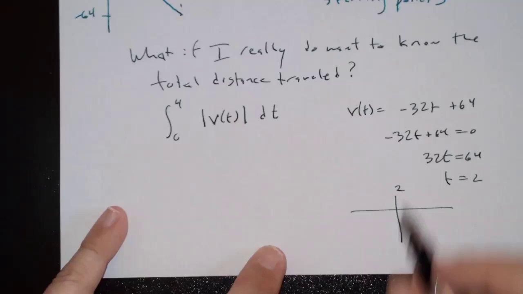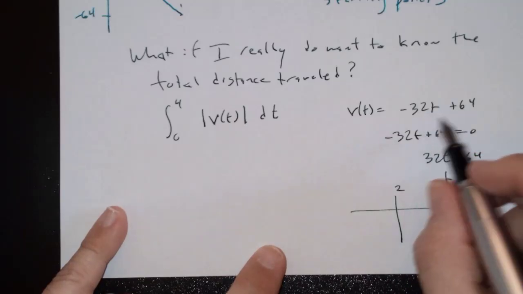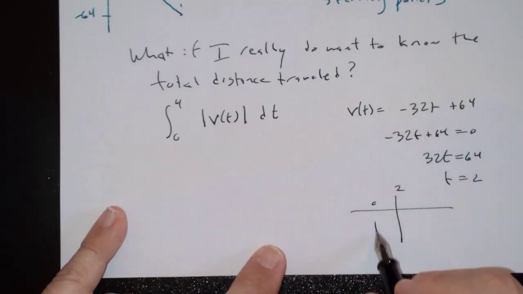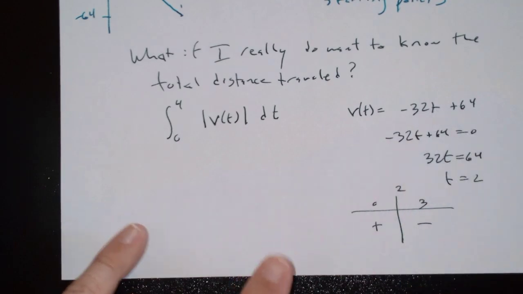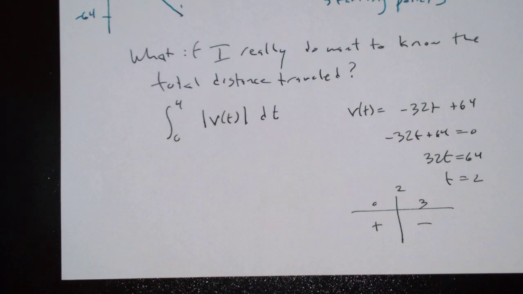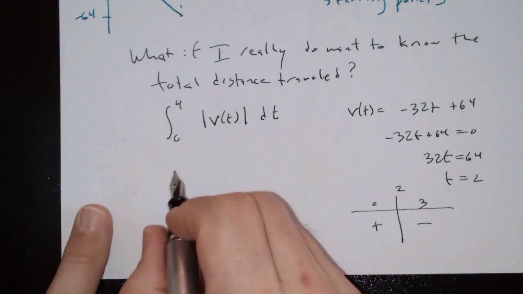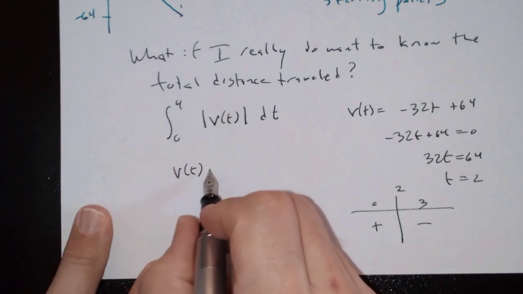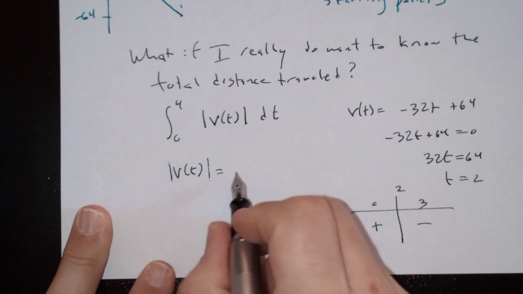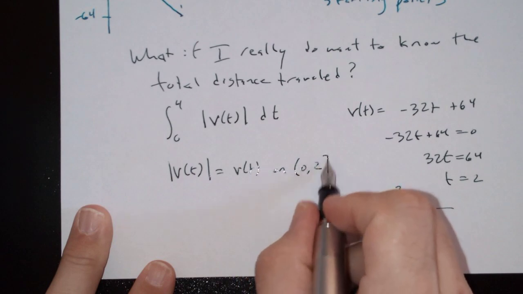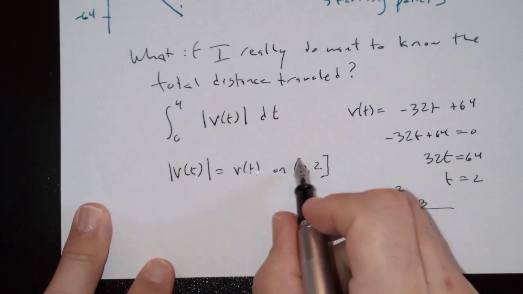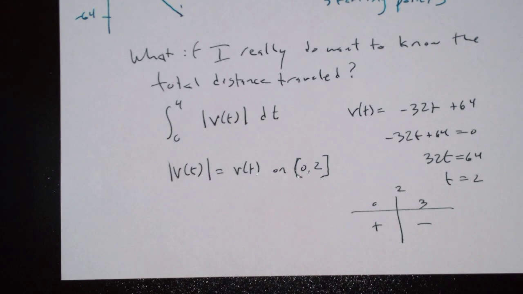And if I pick a number smaller, if I put in t equals 0, I get positive 64. If I put in t equals 3, I get negative 32. Between 0 and 2, the positive part, I get the same thing, right?